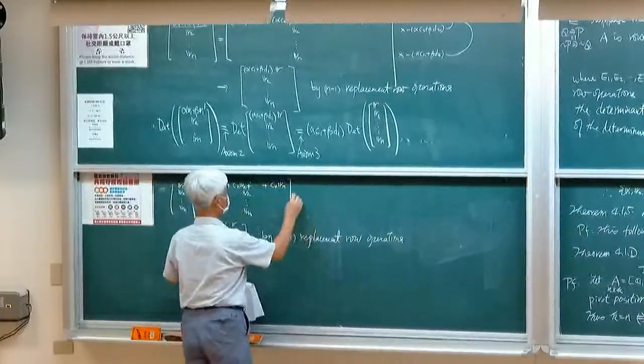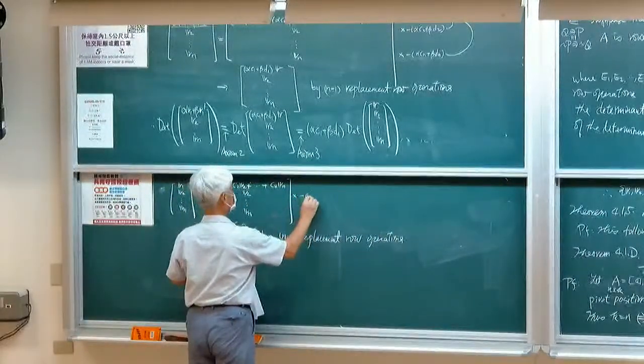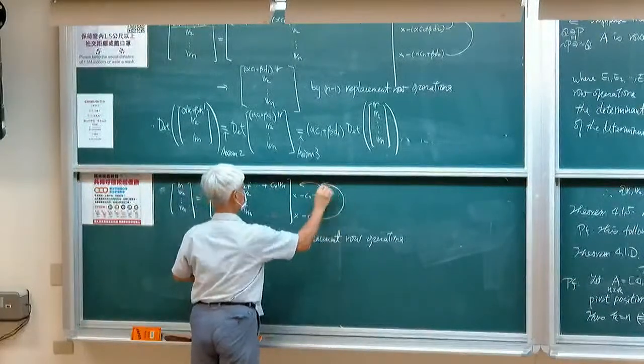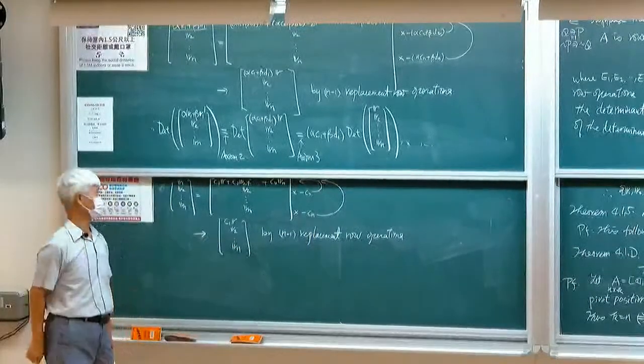Okay, and here is minus C2, go to here times minus Cn, go to there to cancel them.